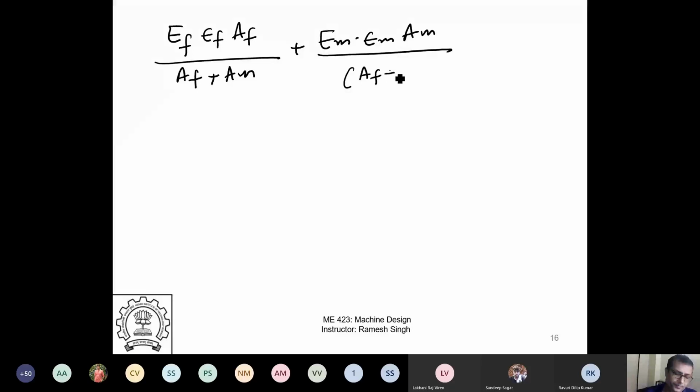EF epsilon F times AF divided by AF plus AM, plus EM epsilon M AM divided by AF plus AM, is equal to EC epsilon C.